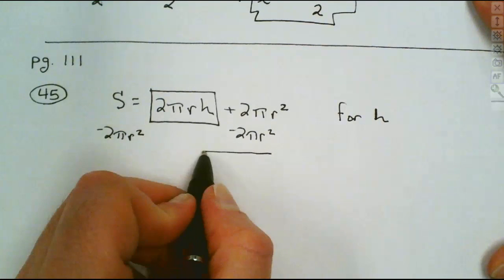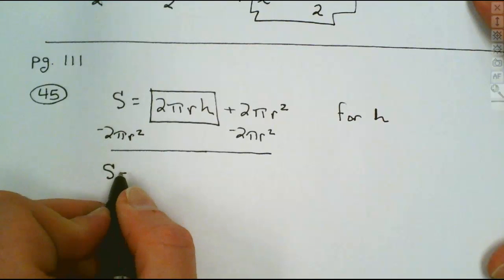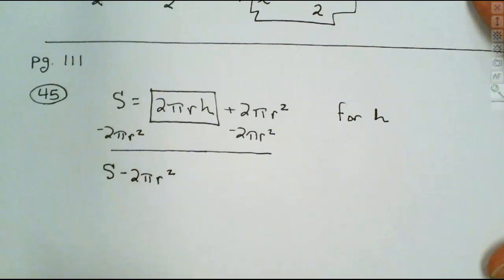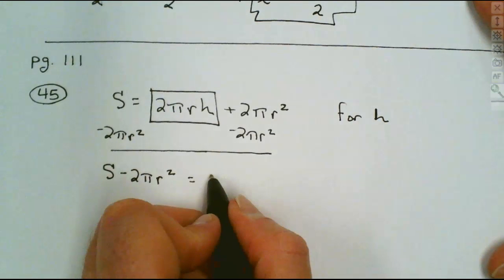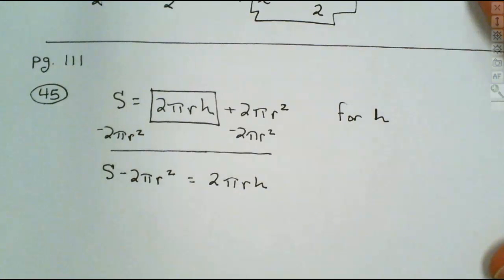So we'll begin by doing that. And that is then going to be S minus 2 pi R squared equals 2 pi R H.